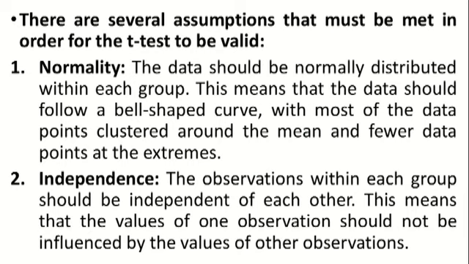Your data should be independent, or your observations should be independent. If the values are influencing each other, like the observation you are going to record is influenced by another observation in the same group, then this assumption is violated, and then you cannot use this test.